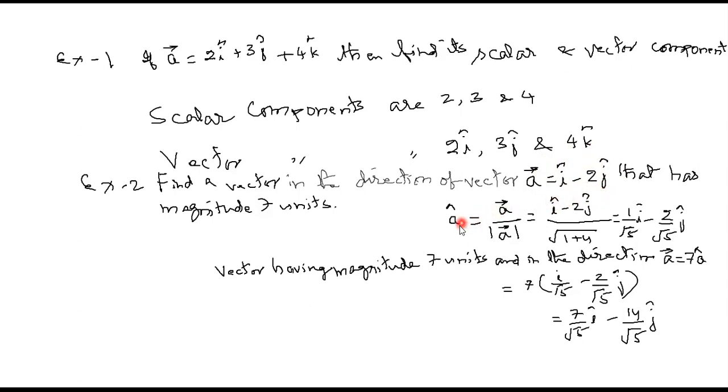Then to make this magnitude 1, we divide the vector by its magnitude, so it becomes a unit vector. Now like this, we can find any vector in this direction.